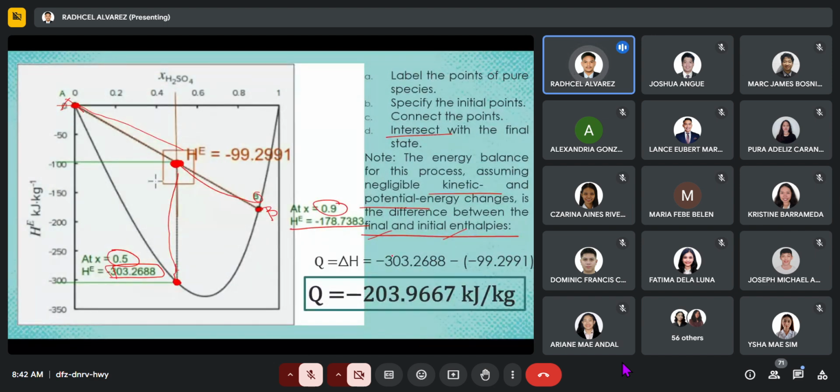Kapag sinimplify mo to, ang sagot ay negative 203.9667 kilojoule per kilogram. Okay, so yun yung amount ng heat na kailangan mong matanggal kung gusto mong ma-reduce from 0.9 to 0.5 ang property ng iyong solution. So, bali, gagraph nyo lang naman siya.